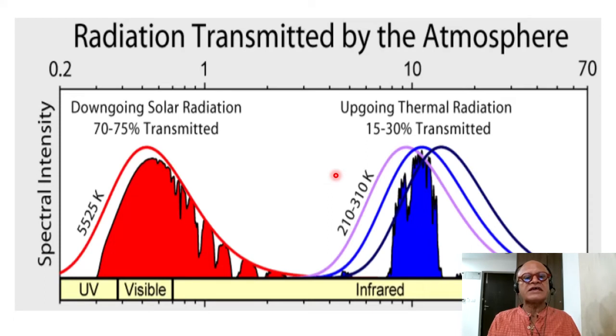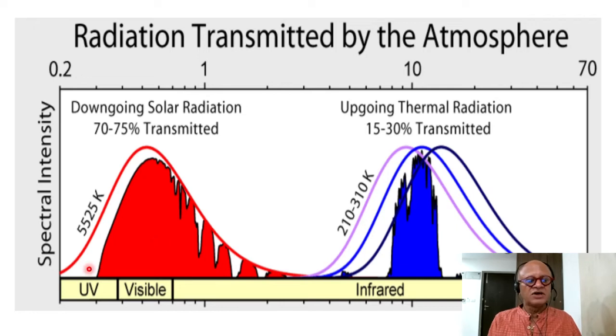So if we look then at radiation transmitted by the atmosphere, we already saw another version of this where we are now saying Sun is sending out radiation with this Planck's curve at 5525 Kelvin, and there are a bunch of greenhouse gases that affect the radiation at shortwave that's coming from the sun. So what reaches the surface is shown in this red curve as we saw before.